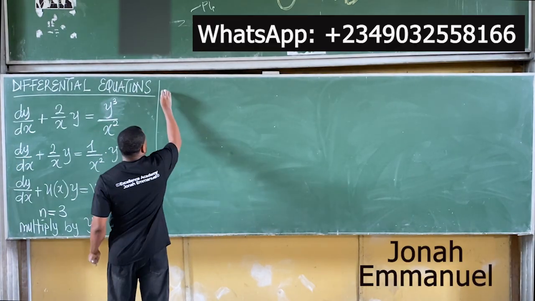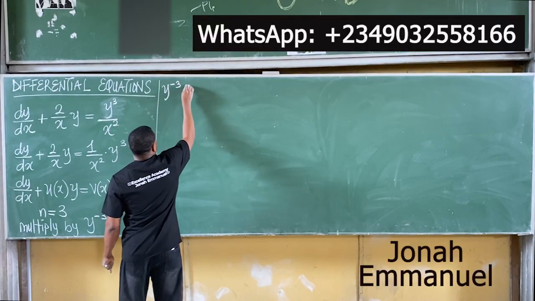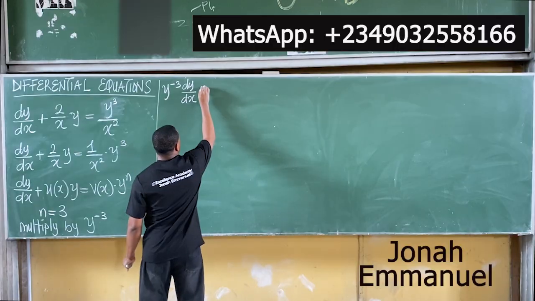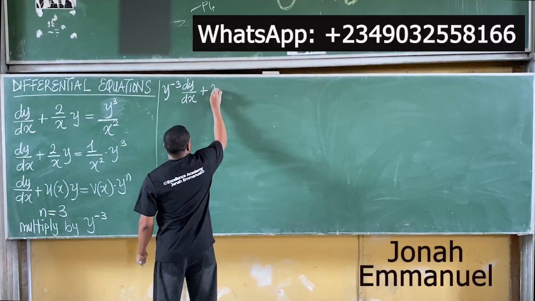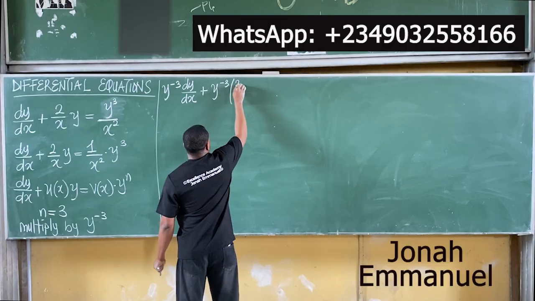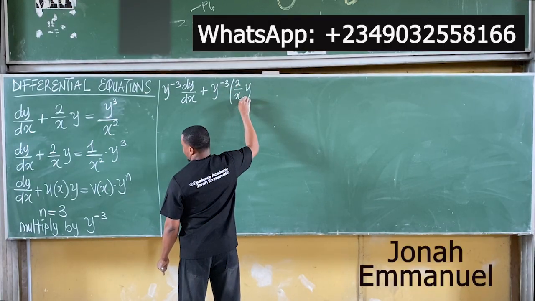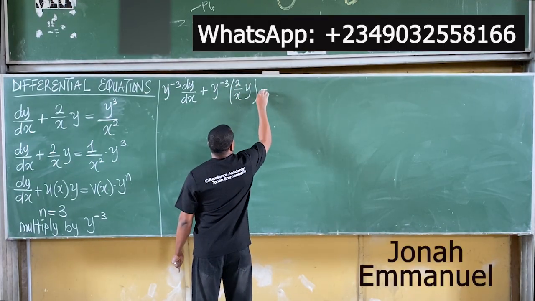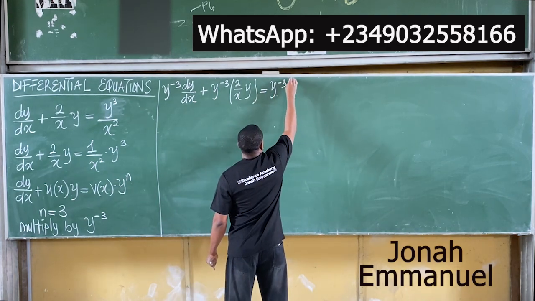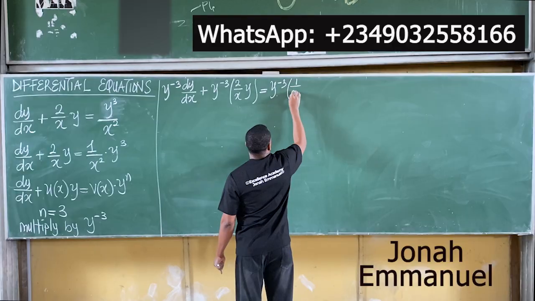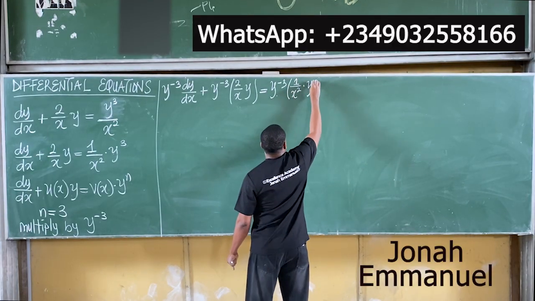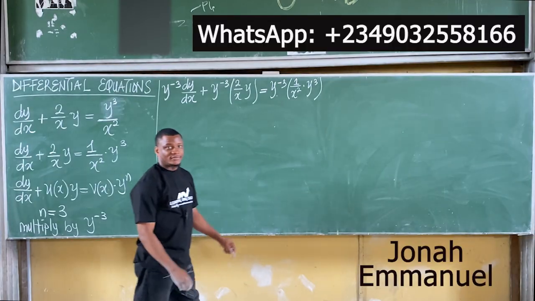This one first, y to power minus 3 multiplied by dy dx, plus y to power minus 3 multiplied by this one here, 2 over xy, is equal to y to power minus 3 multiplying 1 over x squared into y to power 3. So I have this.